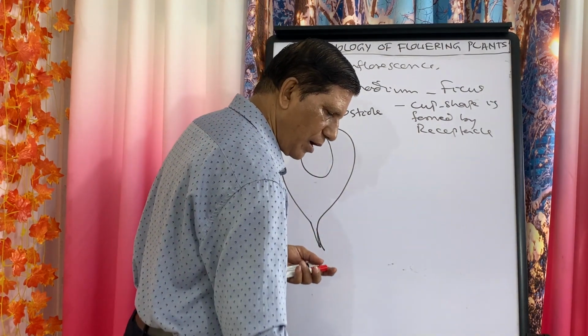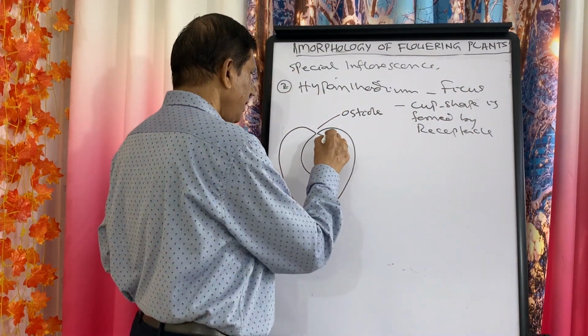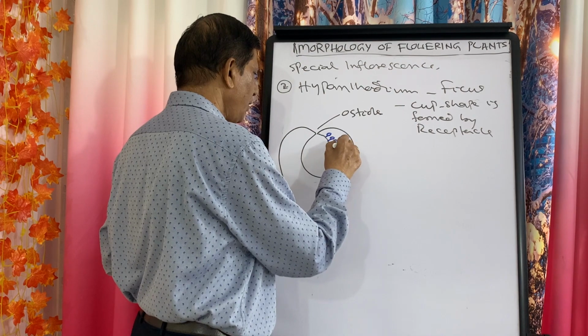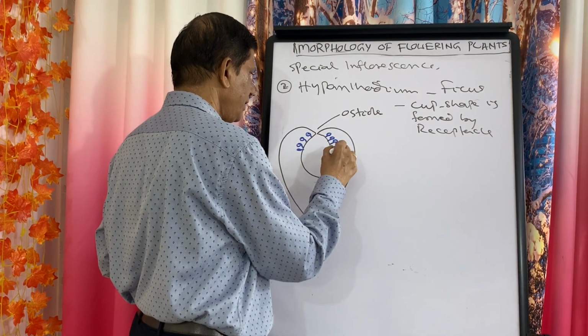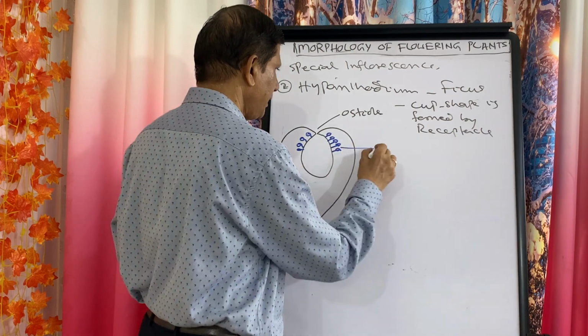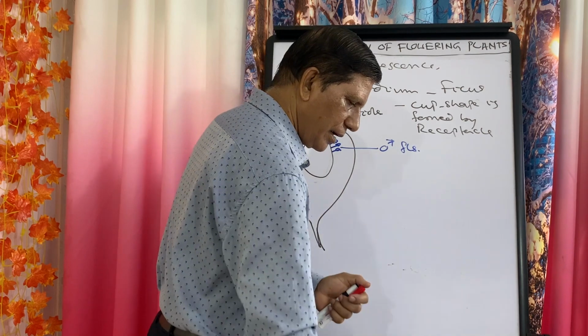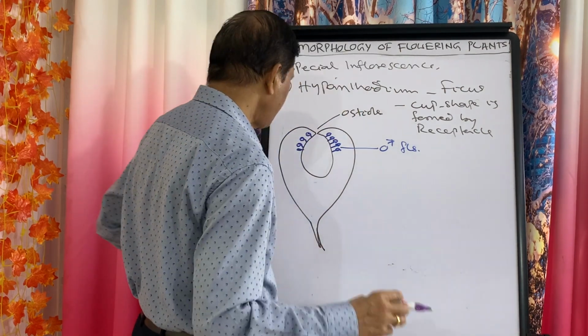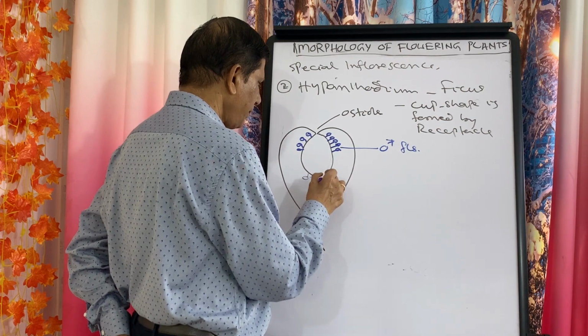Now you see how the different types of flowers are present. Towards the ostiole, the male flowers are present. So these are the male flowers. Now the female flowers are present towards the base.